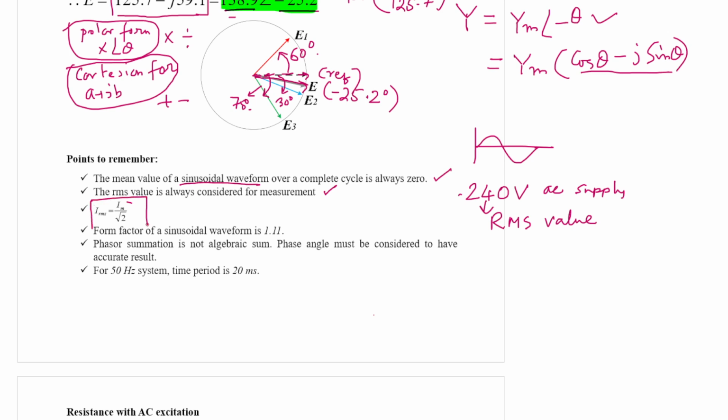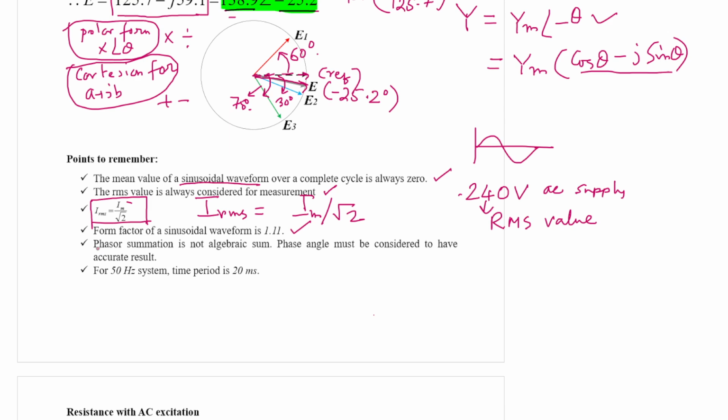IRMS is the peak value by root 2. Another thing, form factor is always 1.11 for a sinusoidal quantity.